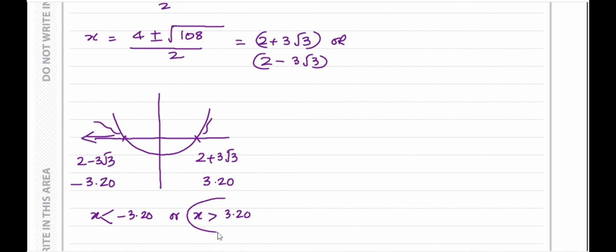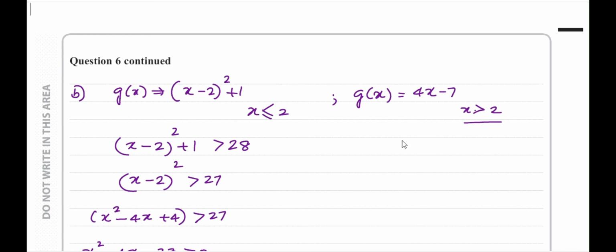We can circle this off because the piecewise function domain very explicitly says that x should be less than or equal to 2 for that function to be valid. Therefore, this is our valid value of x. That is, x should be less than minus 3.20. Let us now use the second function to solve it.